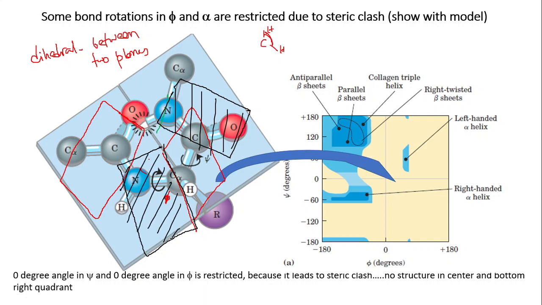Whenever there is a change in the angle between them, that is the change in the psi. So that is how the dihedral angle is considered between the two.